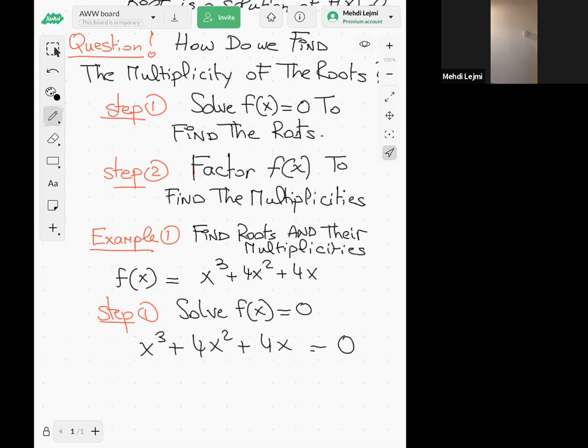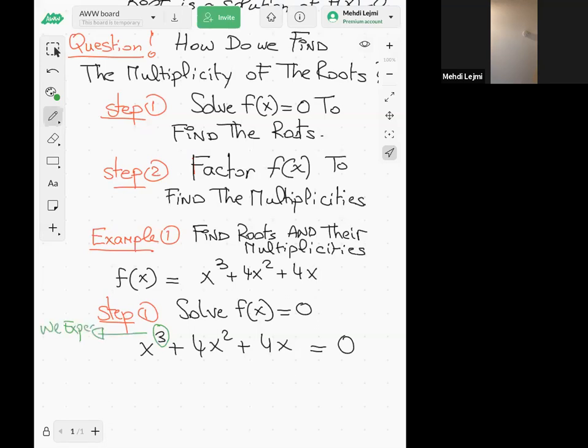First remark, guys: it's x cubed, so the highest power here is 3. The degree of this polynomial is 3, so we expect 3 solutions.